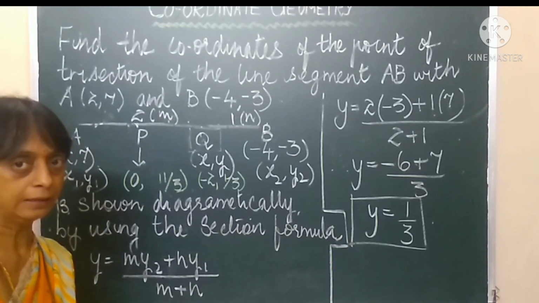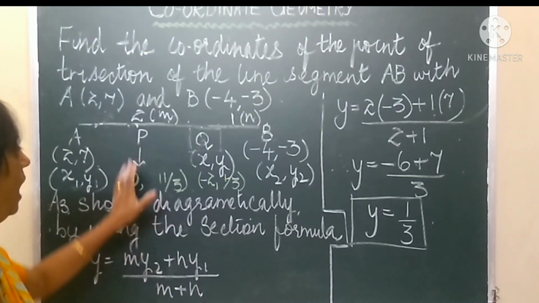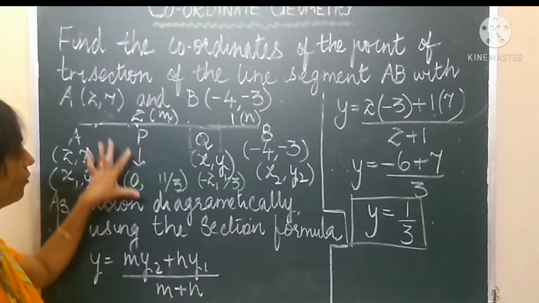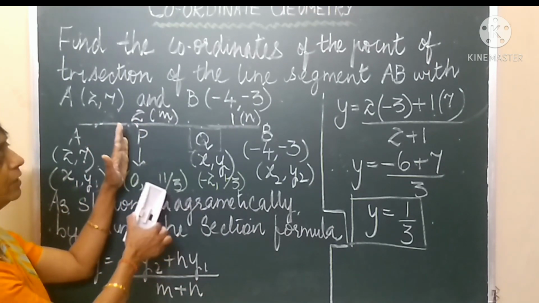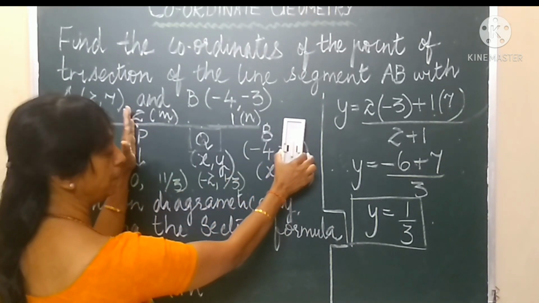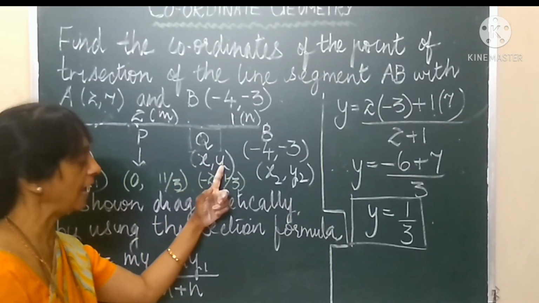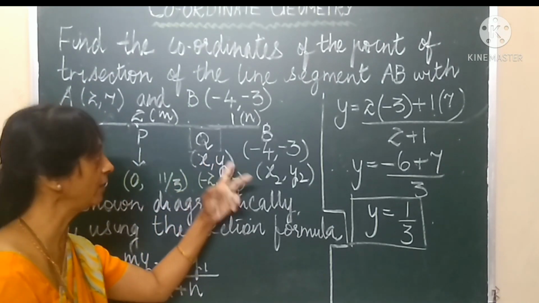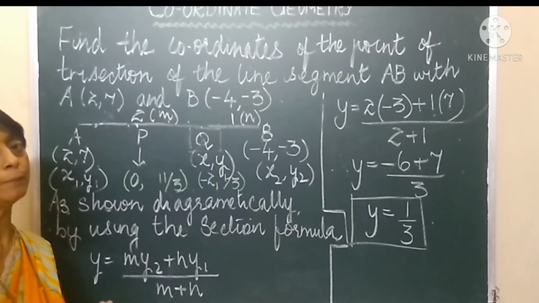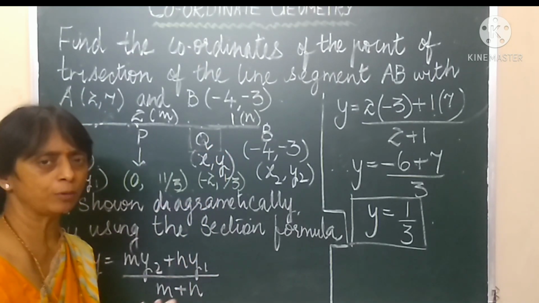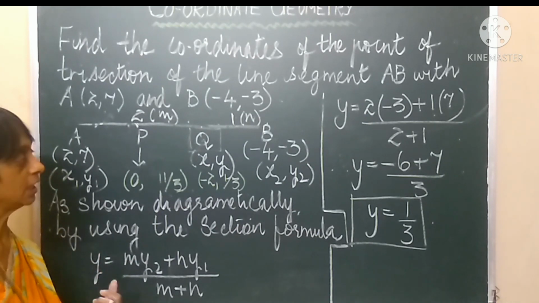Now children, at this step let me explain. After calculating the value of point P, can we just use only segment PB and find out the value of X and Y, the coordinates for point Q, by using the midpoint formula? Just rack your brains and think logically.